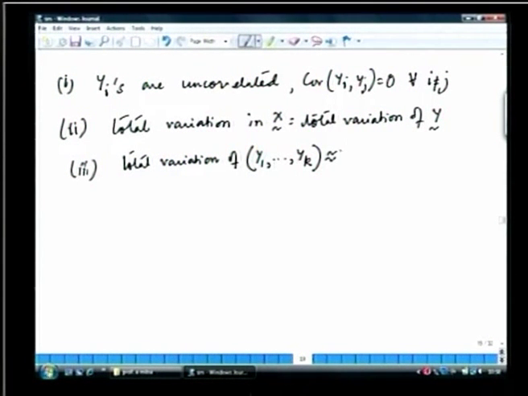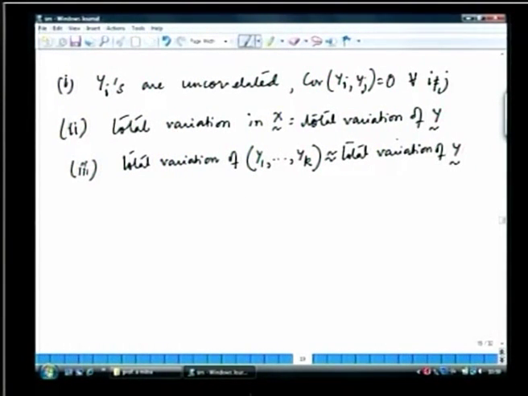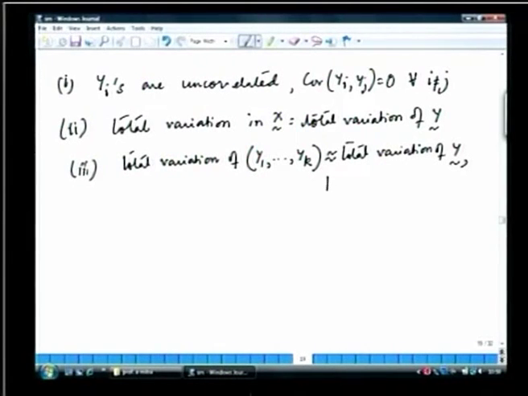When I say total variation of y, I mean that all p members of y are present, but the crux of the matter is that this total variation can be explained with a much smaller number of variables, y1 to yk, where k is really much less than the total dimension p.